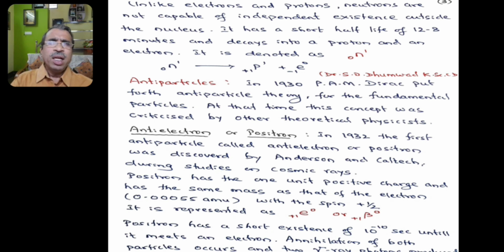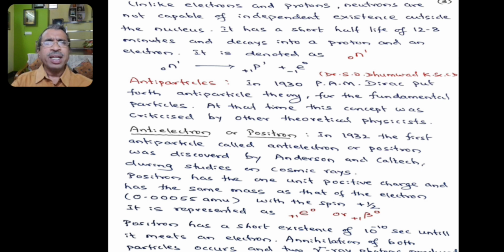The antiparticles. In 1930, Paul Dirac put forth the anti-particle theory for the fundamental particles. At that time, this concept was criticized by other theoretical physicists.